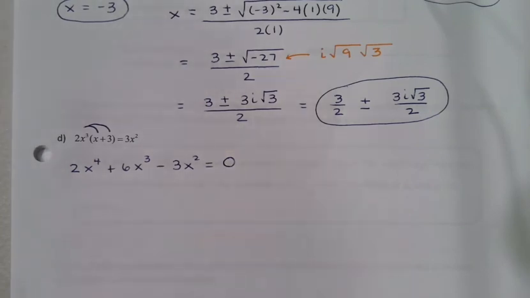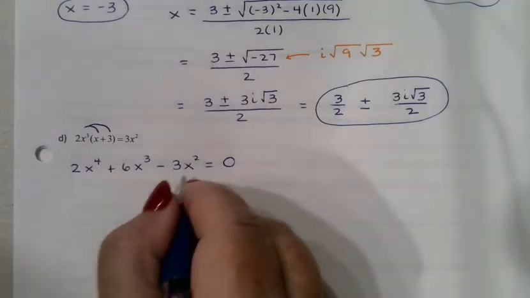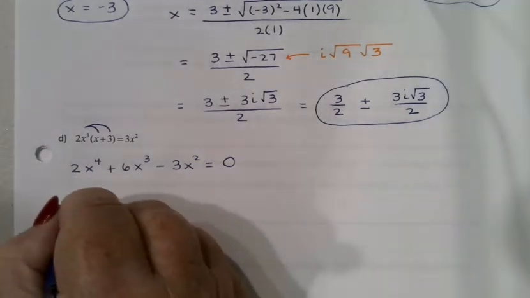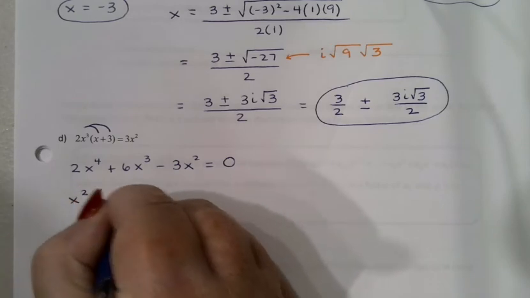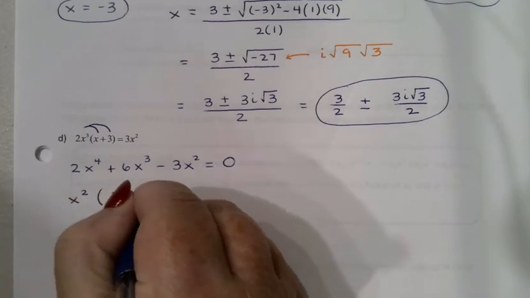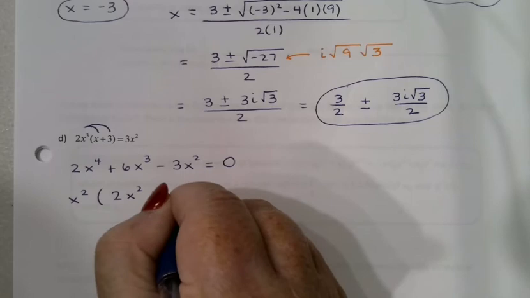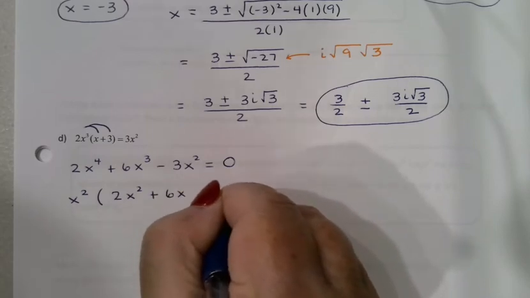All right, I'm looking at this, and this time I have a GCF. So let's factor that out first. I could factor out an x squared. That would give me 2x squared plus 6x minus 3.